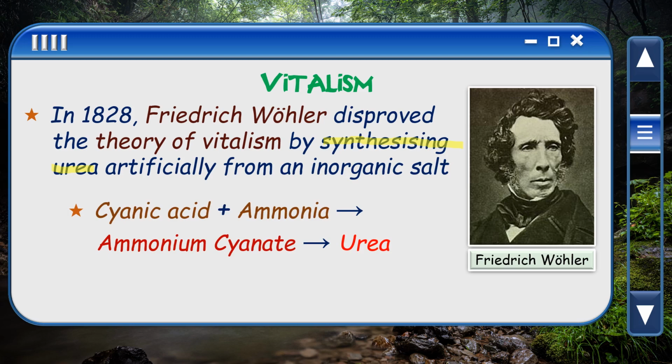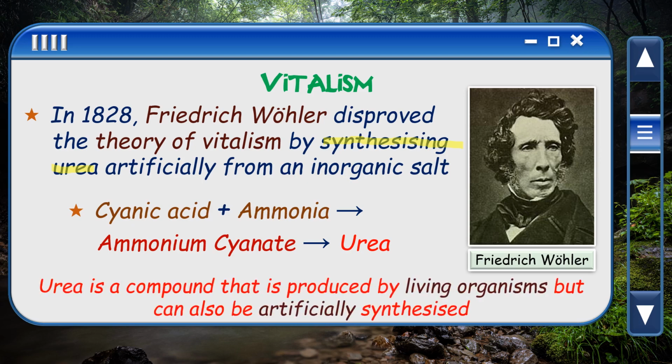He reacted cyanic acid with ammonia and he got ammonium cyanate, which gave him urea. So that means that urea is a compound that is produced by living organisms, but it can also be produced artificially by being synthesized.